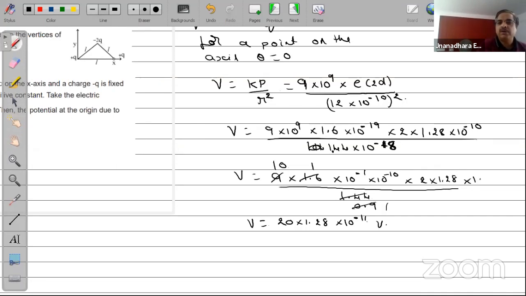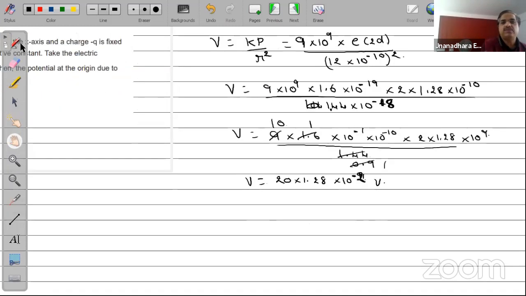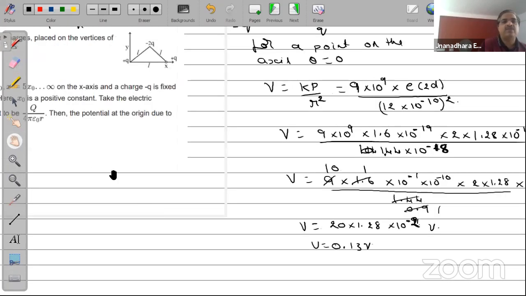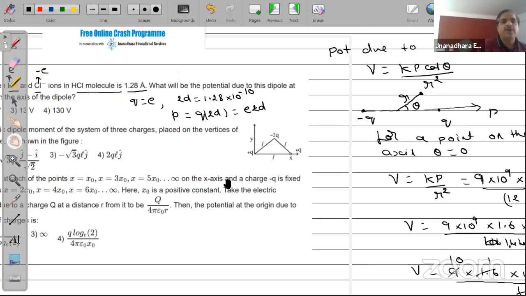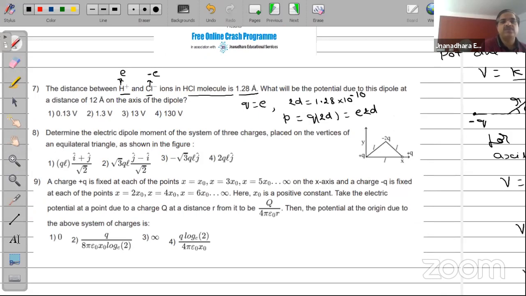So this will be 10 to the power therefore minus 2. Simplify this and you get the answer to be equal to 0.13 volt. So let's see if you have any answer very close to that. 0.13 is there, and therefore I choose this as the answer.